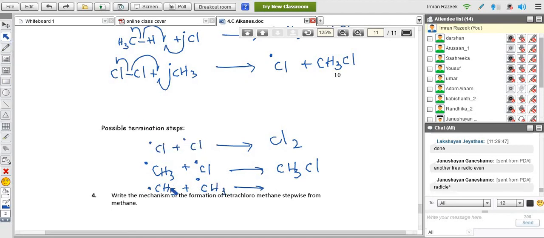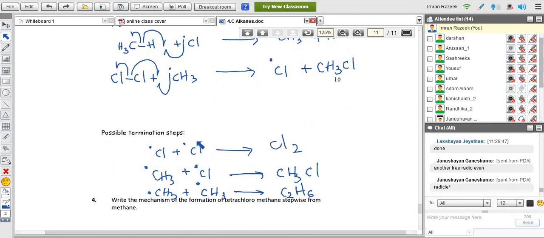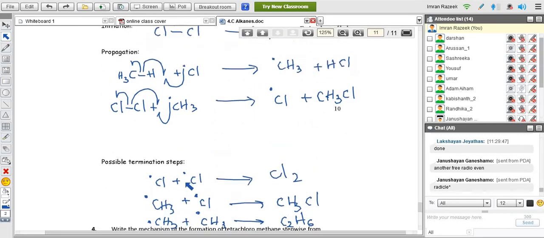Even two methyl free radicals can combine to form C2H6, ethane, CH3CH3. So you can notice now there are three possible termination steps for just one single substitution of a hydrogen. So one single substitution of hydrogen has two propagation steps and three termination steps, right?